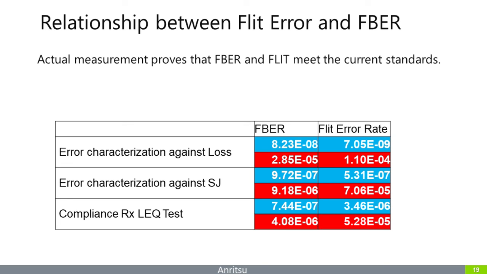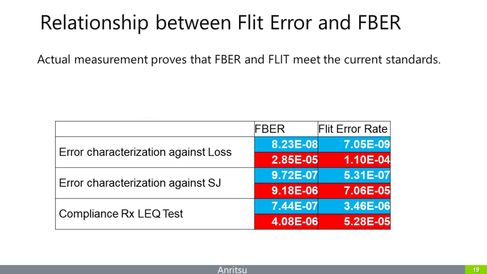So this table shows the relationship between flit error rate and FBER. In the blue portion, FBER, the top one, is 8E minus 8. In that case, flit error rate is 7E minus 9. So good. But when the FBER is E minus 5, then flit error rate is E minus 4.